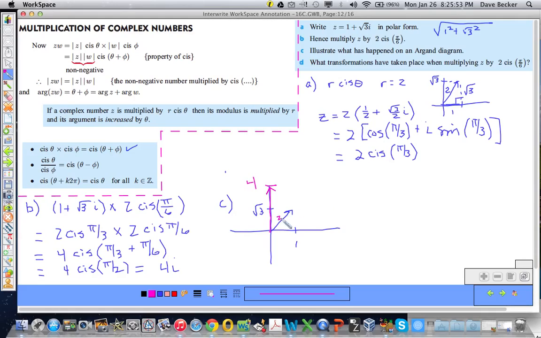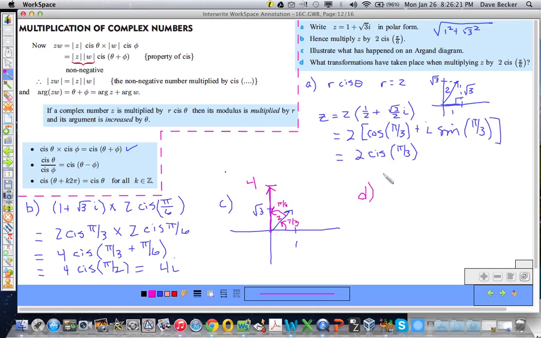And we know that the modulus is 2. Here's what happened: we were at pi over 3, and then we went pi over 6 to get our argument. We just increased by pi over 6, and the modulus was multiplied by 2. It was doubled.